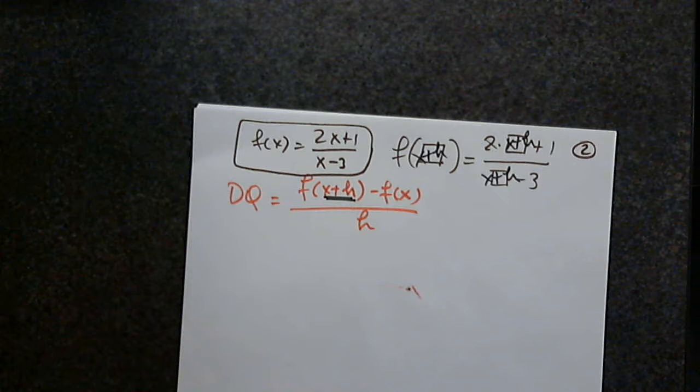So you have a negative 6h and you put that was good. Okay, how are we doing?